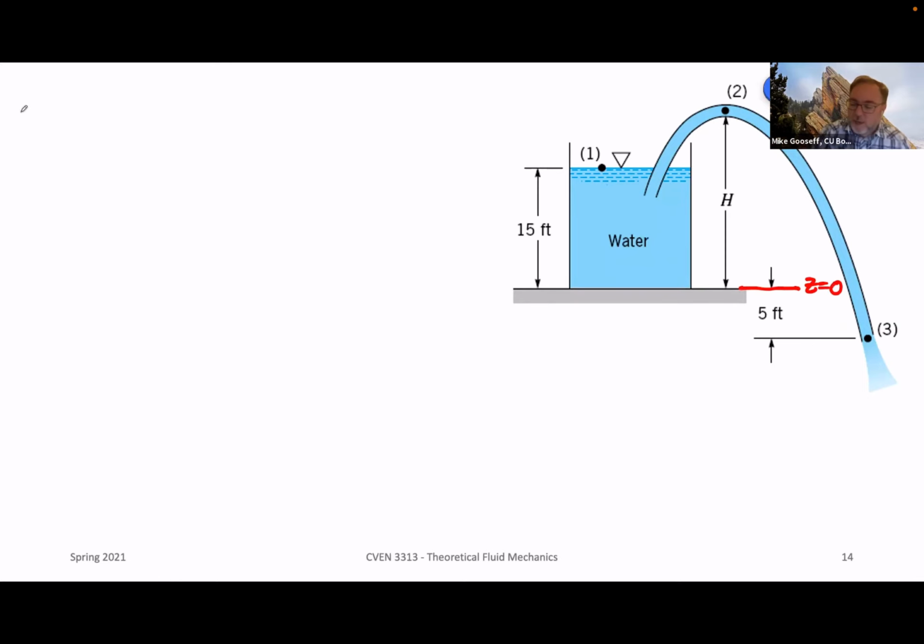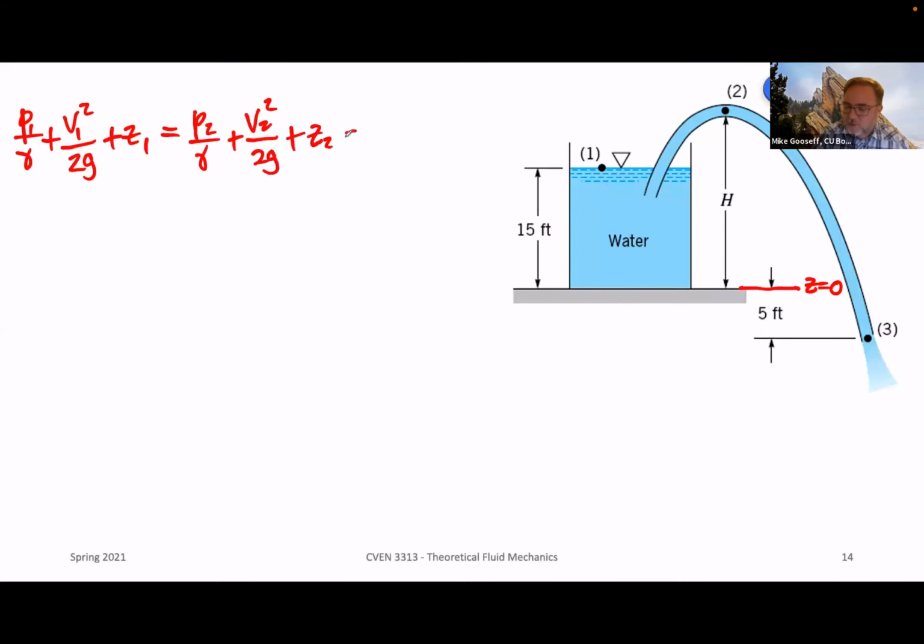In other words, P1 over gamma plus V1 squared over 2g plus z1 is equal to P2 over gamma plus V2 squared over 2g plus z2, which is also equal to P3 over gamma plus V3 squared over 2g plus z3.